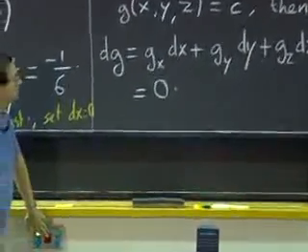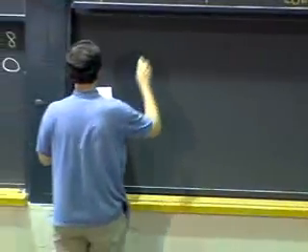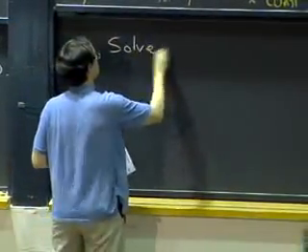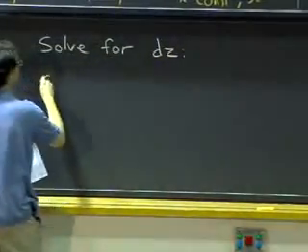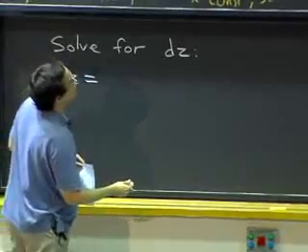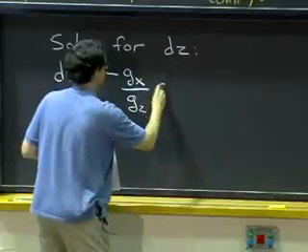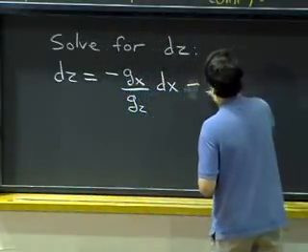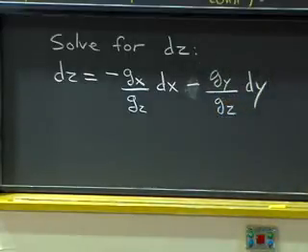So, for example, if we care about z as a function of x and y, we'll get that dz is negative g sub x over g sub z dx, minus g sub y over g sub z dy.